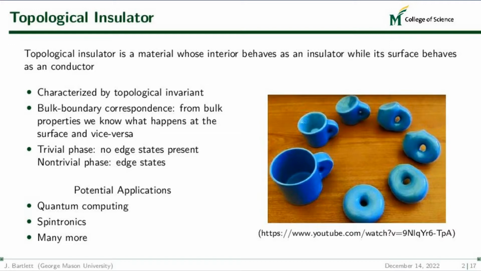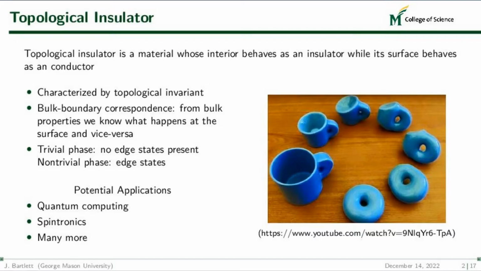One reason is that the edge or surface states experience dissipationless transport. So the spin up electrons are moving in one direction while the spin down electrons are moving in the opposite direction. This means there's no scattering or no loss due to heat.